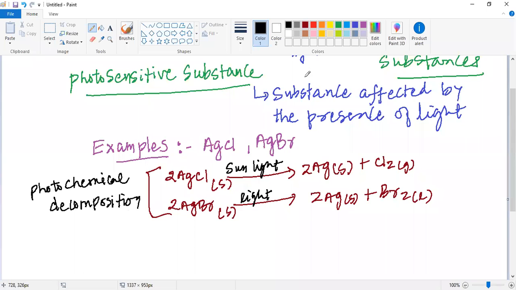My dear students, it is interesting to note that nowadays we use our mobile for photography, but in the previous time, when we were children, we used to have a camera for photographs, and in this camera we have the photographic plate.